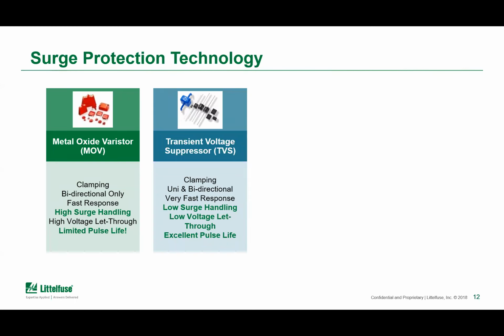The disadvantage of a TVS diode is that it has minimal surge capability. So it's really only a fraction of what a metal oxide varistor can handle. So generally, you will not see these devices used on AC mains just because they don't have the power capability. There are some exceptions, but those exceptions do come at a cost premium.